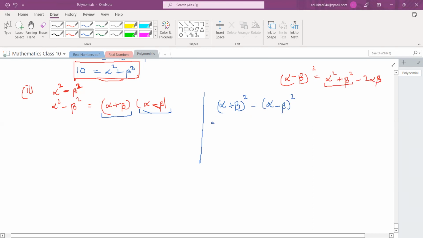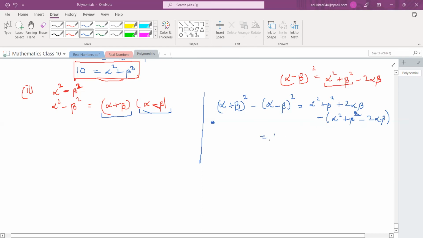Let's solve it. This will be equal to alpha square plus beta square plus 2 alpha beta, and then minus alpha square plus beta square minus 2 alpha beta. Clear? Yes, Abdullah? Okay.